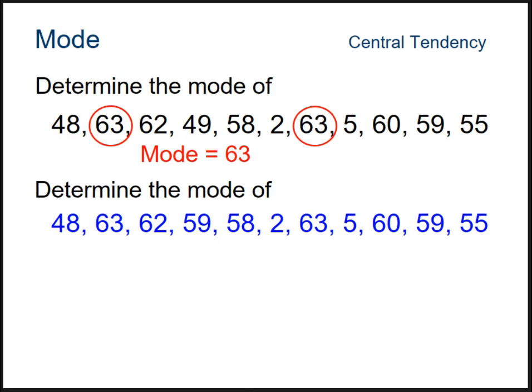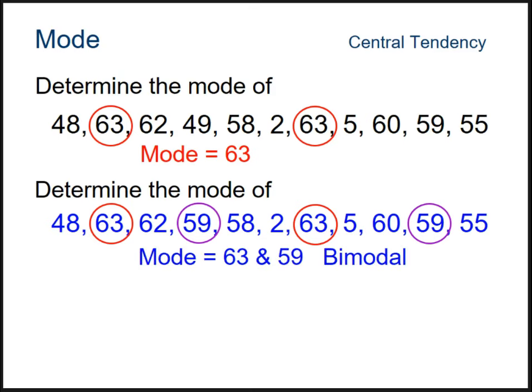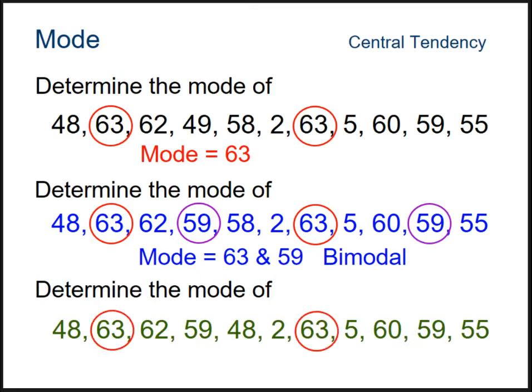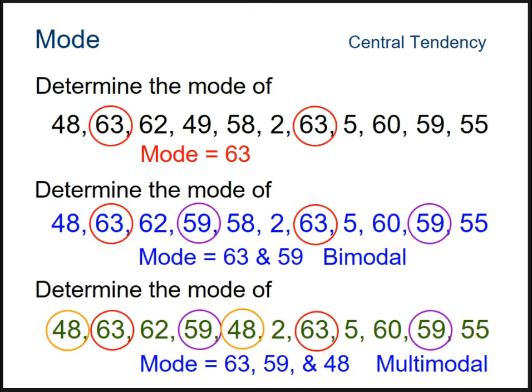In this very similar data set, you'll see that 63 occurs twice and 59 occurs twice. So the frequency for both of those is identical, so we have a bimodal distribution. There are two modes. And if you look at this last data set, which is also very similar, 63, 59, and 48 all occur twice. So that means we have a multimodal distribution with 63, 59, and 48 as modes.